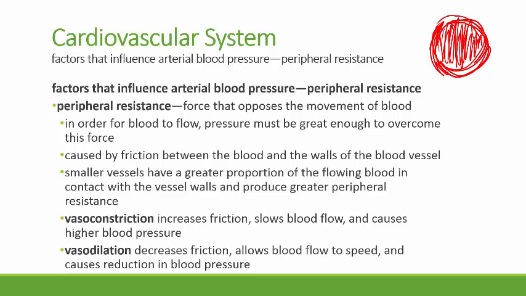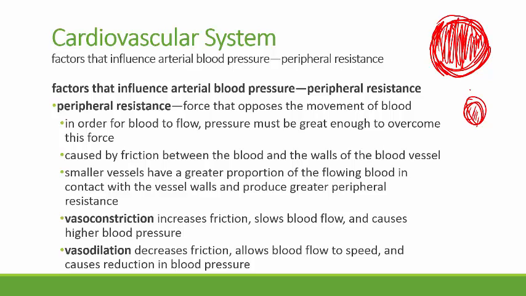So smaller blood vessels, just as a function of size to volume to surface area relationships, are going to have a greater proportion of their blood coming into contact with the vessel walls. And so that means that as the blood vessels become smaller and smaller, we're going to see an increase in peripheral resistance.